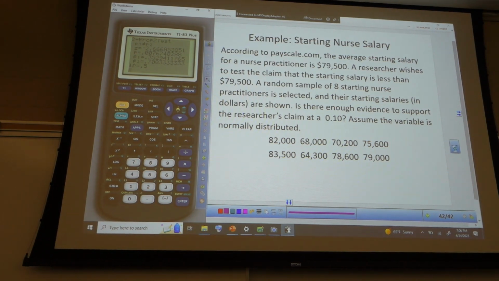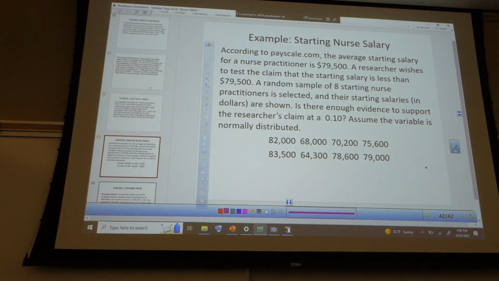Yeah, great question. Go ahead and read this one while you're here. According to payscale.com, the average starting salary for a nurse practitioner is $79,500. A researcher wishes to test the claim that the starting salary is less than $79,500.